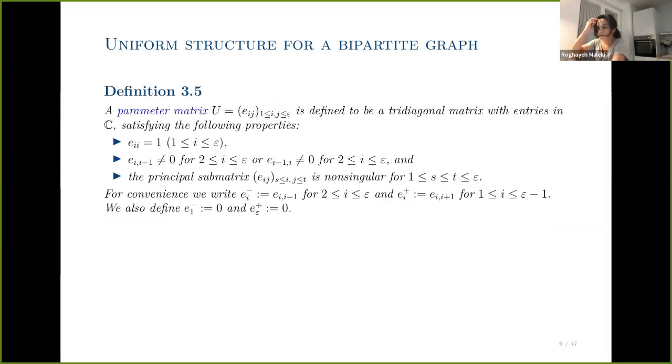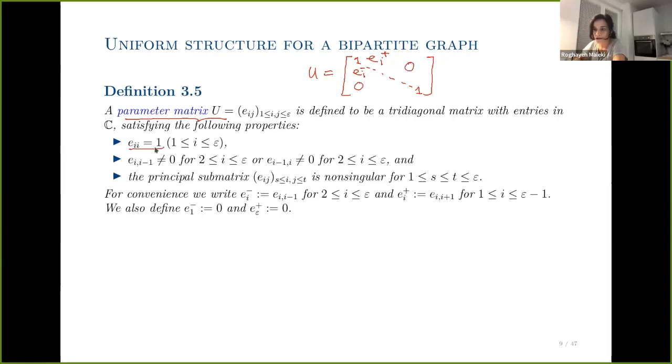Okay. Now, still to define a uniform structure, I need to define one more notion, which is a parameter matrix. Sorry, I have a lot of definitions here. So a parameter matrix U is in fact a tridiagonal matrix with all ones on the diagonal. So let me just give you a picture of that. On the diagonal, you have all the way down 1. The upper diagonal we denote by e_i^+, the lower diagonal we denote by e_i^-, and the rest are 0.